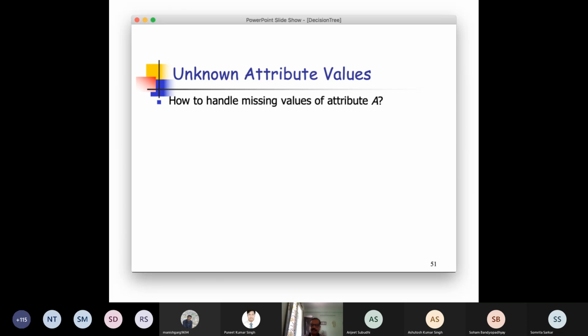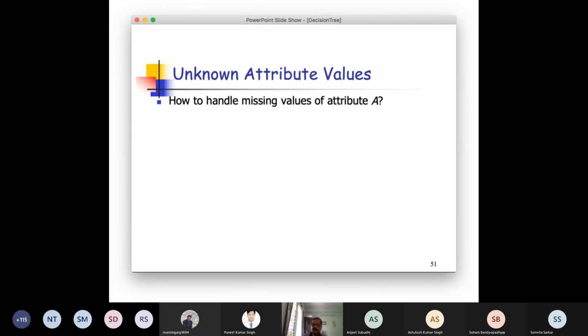When you have an unknown attribute value, that means some attribute value is missing, then what are you doing? Now there are again different approaches. At a particular node, how do you evaluate the performance of that attribute in terms of information gain or normalized information gain?